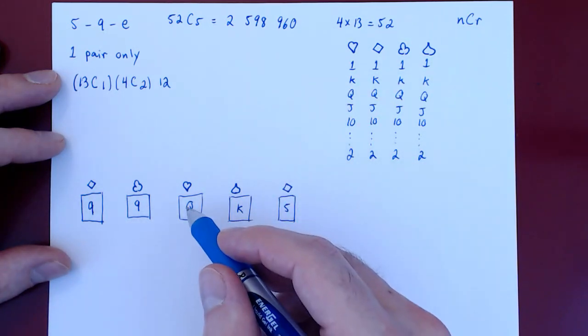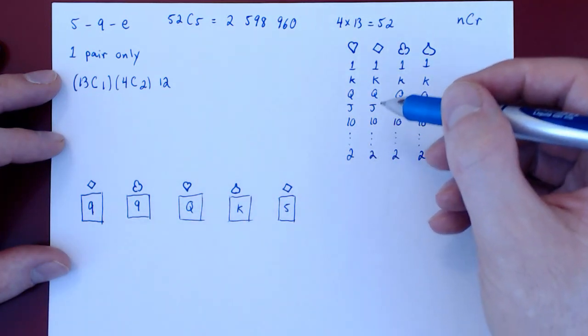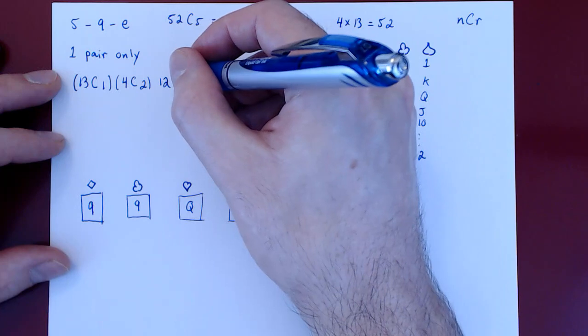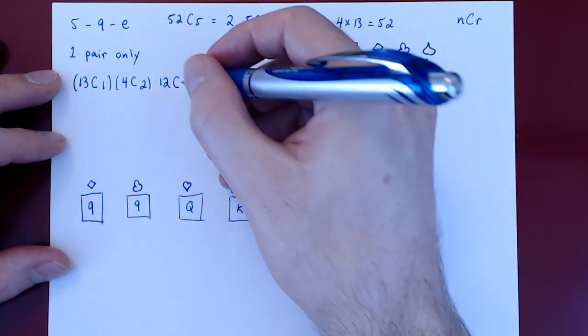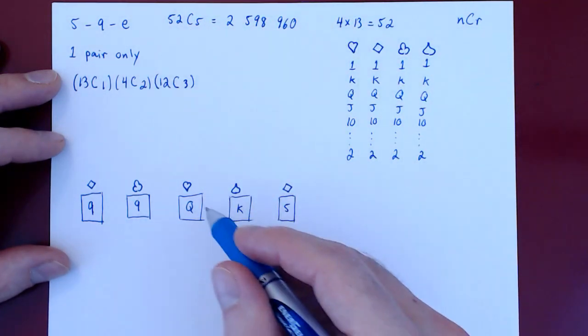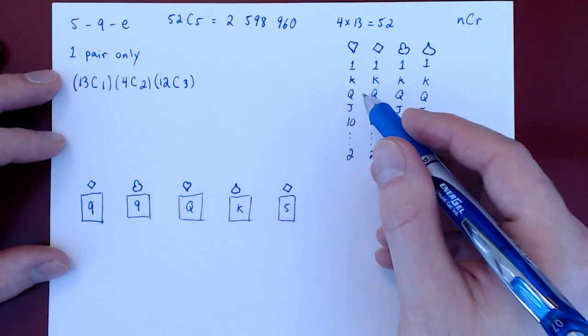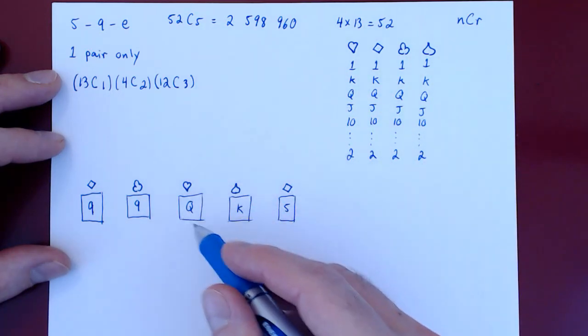And because these have to be distinct, out of the 12 left over available kinds, we have to choose 1, 2, 3 of them. And again, it is without replacement, because if you choose a queen, you can't pick a queen again. This would give you a second pair.